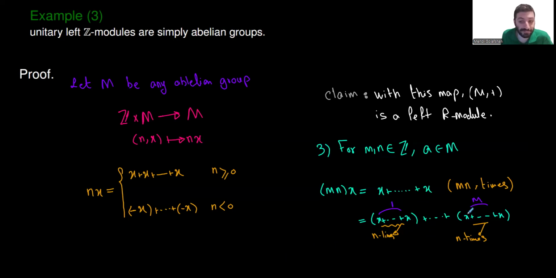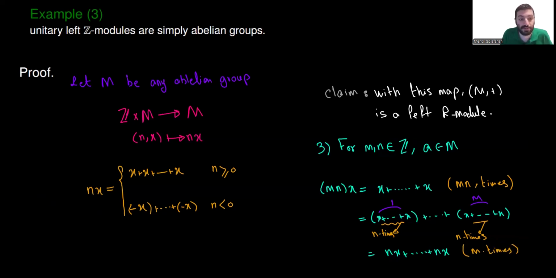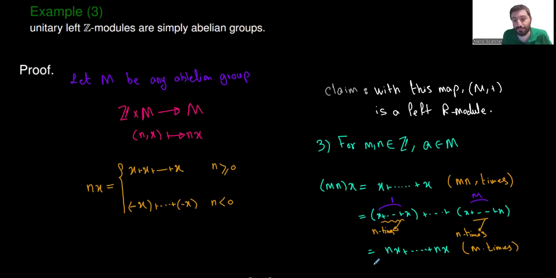If I want to write it more compactly, it would be nx plus nx, m times. So right now we can say that it is m times nx. Therefore, all three conditions are done.